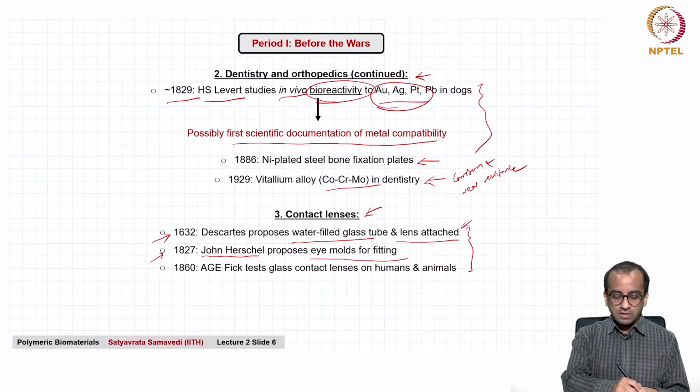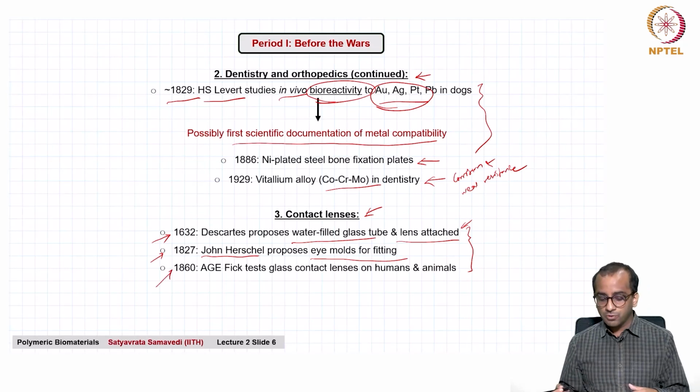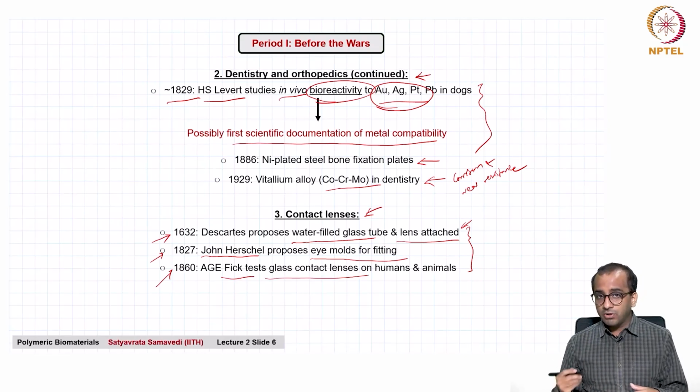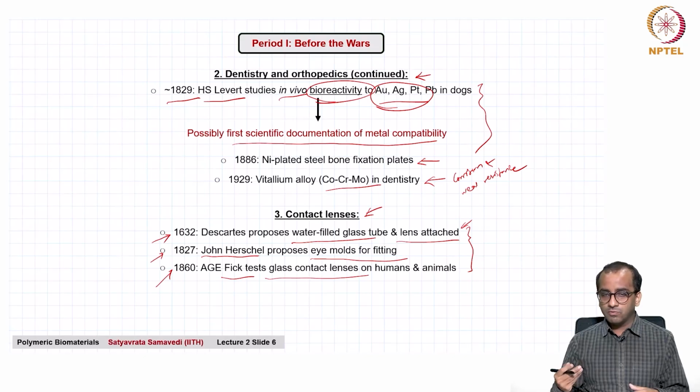But it was not until around 1860 or so that Fick first tests glass contact lenses on humans and animals, and these are what we would call scleral lenses, which are just placed on the eye, and it is believed that he even tested it on himself. Now, in today's day and age, you can't imagine this at all.